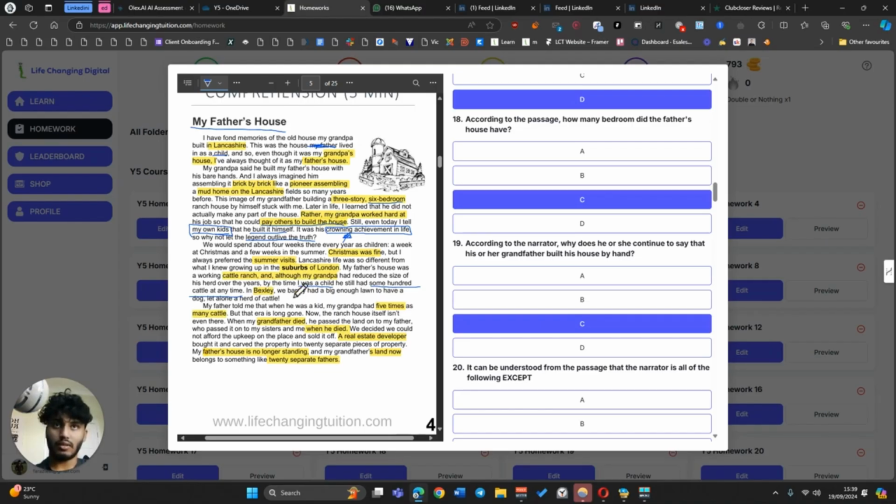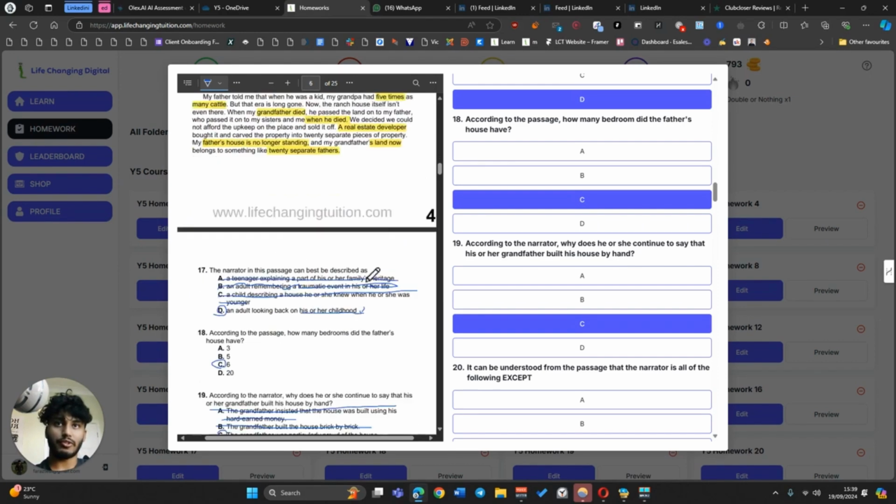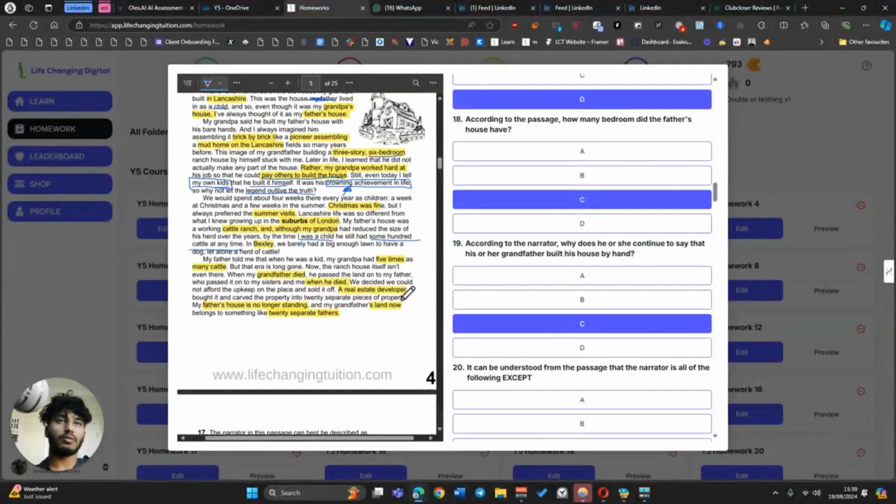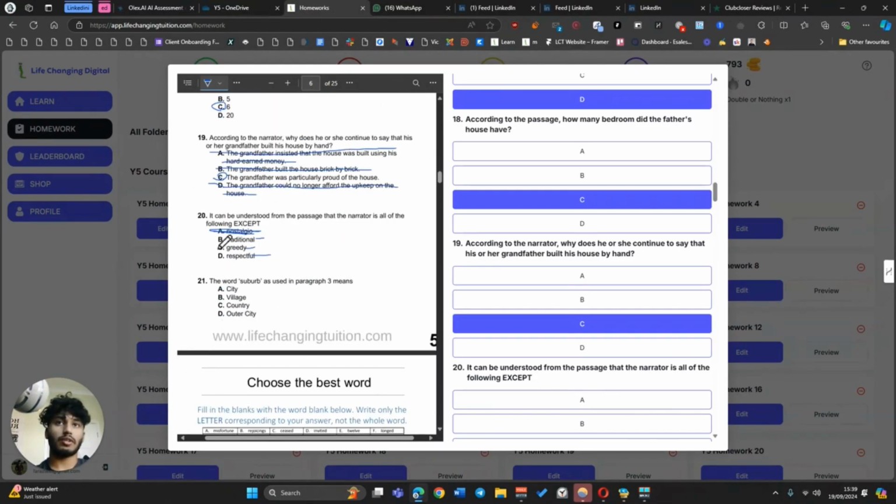You could say that because it's hard to give actual evidence for traditional, but you could say, from the general idea of the passage, he seems traditional because they lived in like the countryside, etc. Let's skip that one for now.